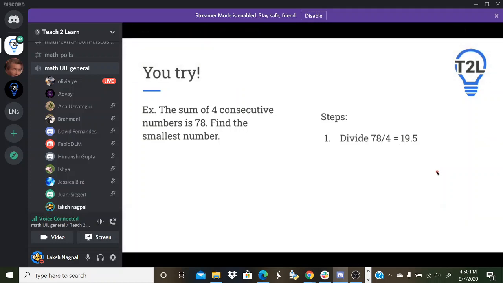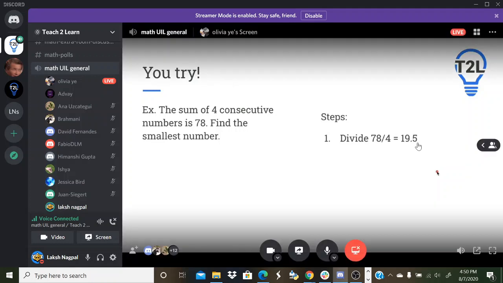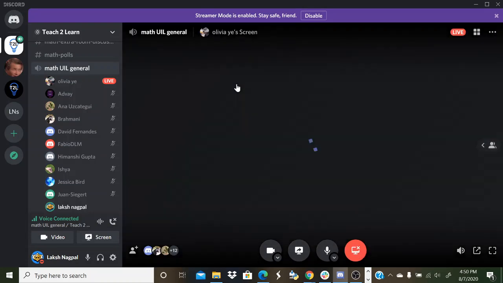So what you would have to do is minus 1.5 from 19.5 to get the smallest number. So minusing 0.5 would basically give you the one number, and then you would have to subtract 1 from it again to get the smallest number. So that's why the answer is 18.